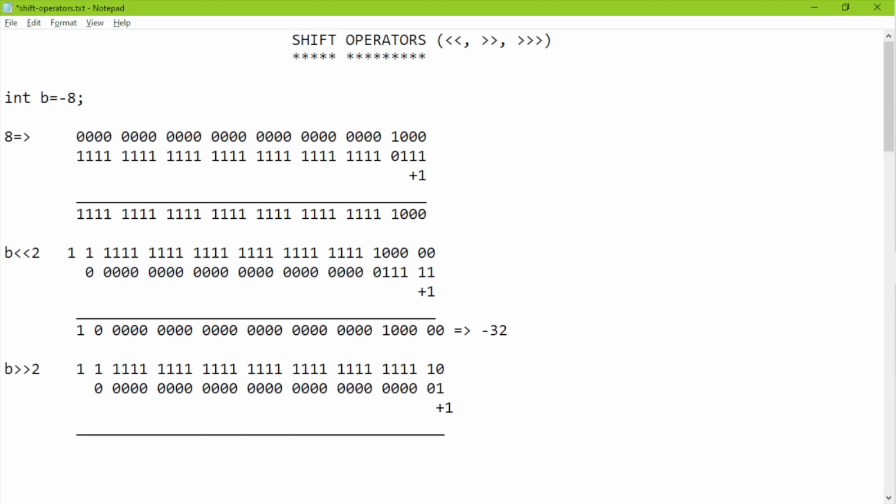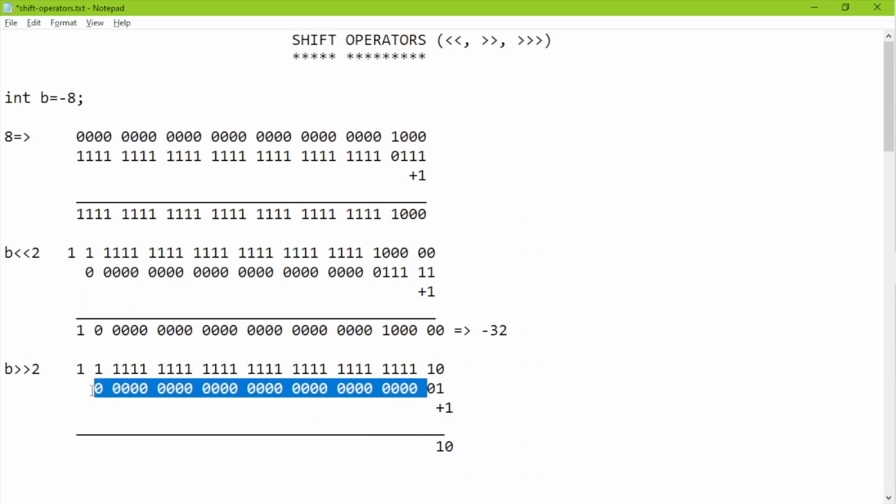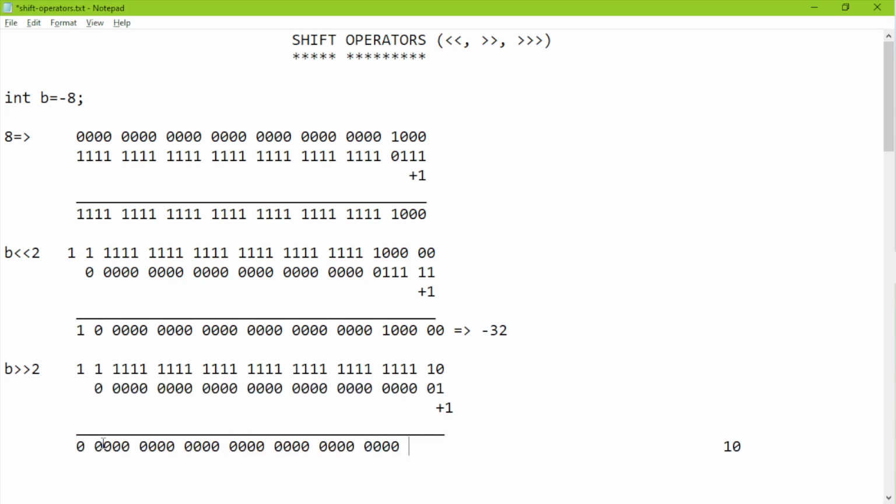So 1 plus 1 is 0, and we get the remainder 1, and the rest of the bits come as they are. Correct.